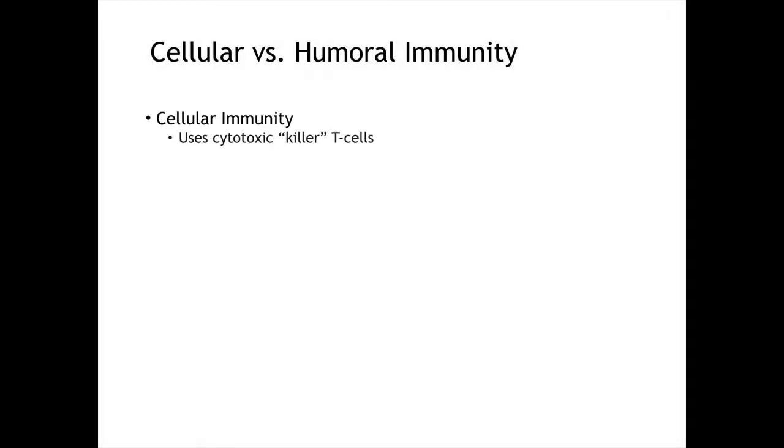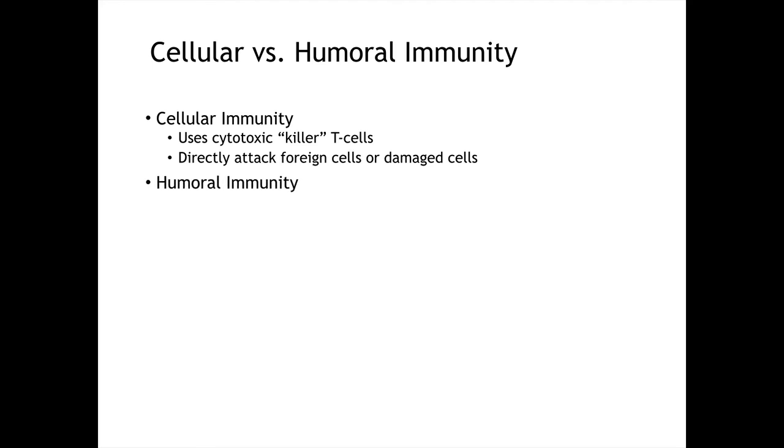All right, so cellular immunity, again, just compare and contrast. Cellular immunity uses cytotoxic or killer T cells. Those killer T cells, once they know what they're supposed to do, will directly attack foreign or damaged cells. Humoral immunity is going to use the B cell line. Most specifically, the B cells are going to differentiate into plasma cells to make antibodies.